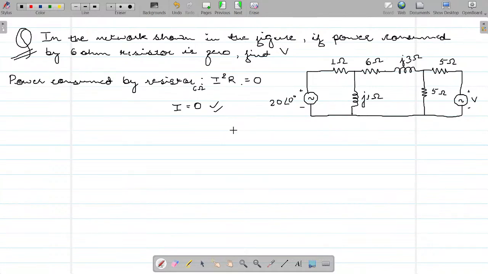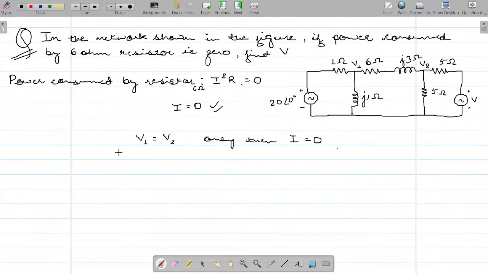The power consumed in the 6 ohm resistor is zero, so we deduce that the current is zero. When otherwise can the current be zero? Let me label this as V1 and this as V2. Now tell me if what I am suggesting is true. If V1 is equal to V2, only then I would be 0, because it is not an open circuit, so there is no other possibility.